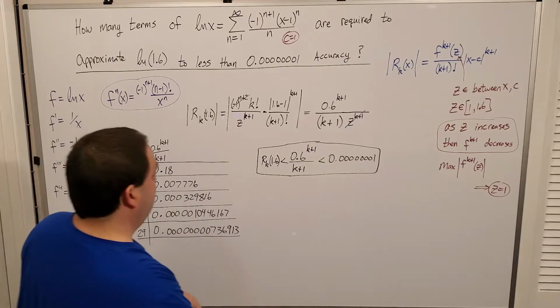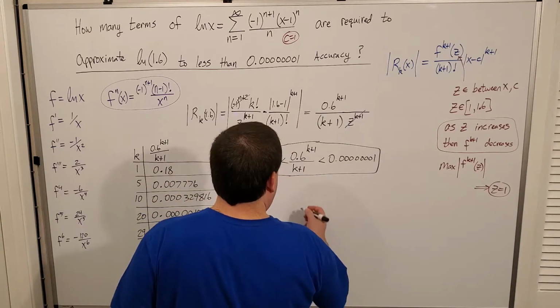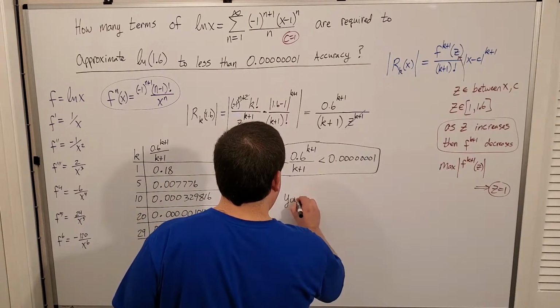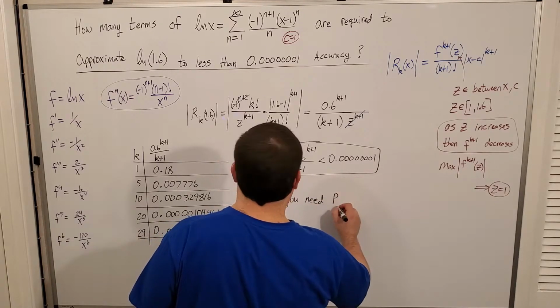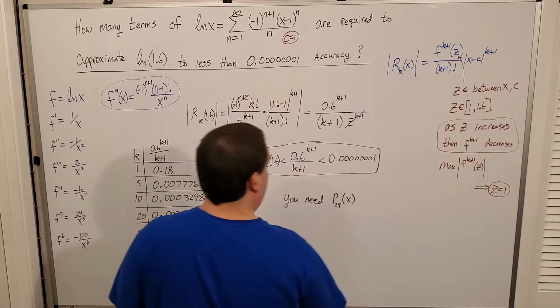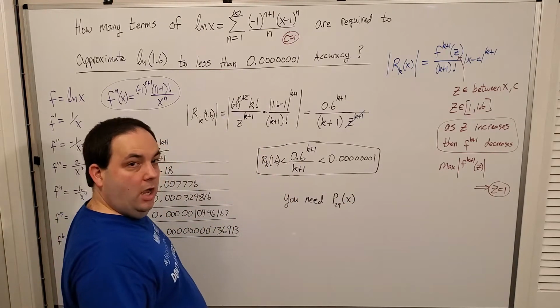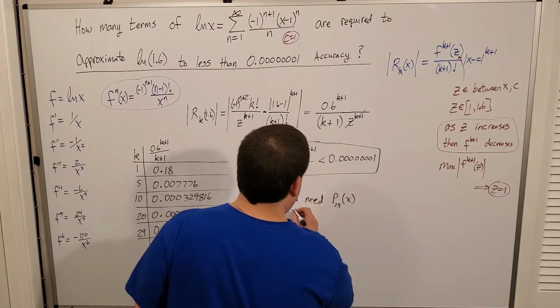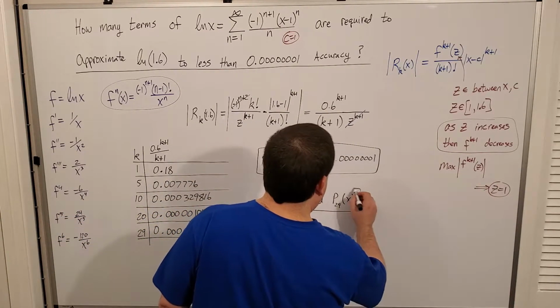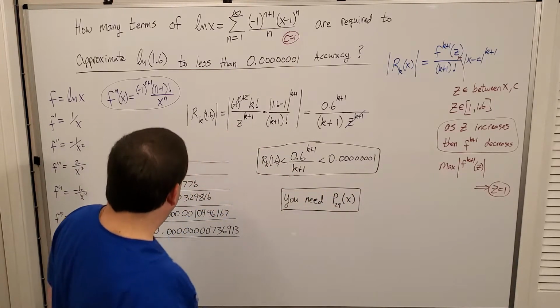So the answer is you need P sub 29 of x, right? Which means n equals 29. Not 29 terms, it's actually 30 terms, right? To approximate that appropriately. Okay?